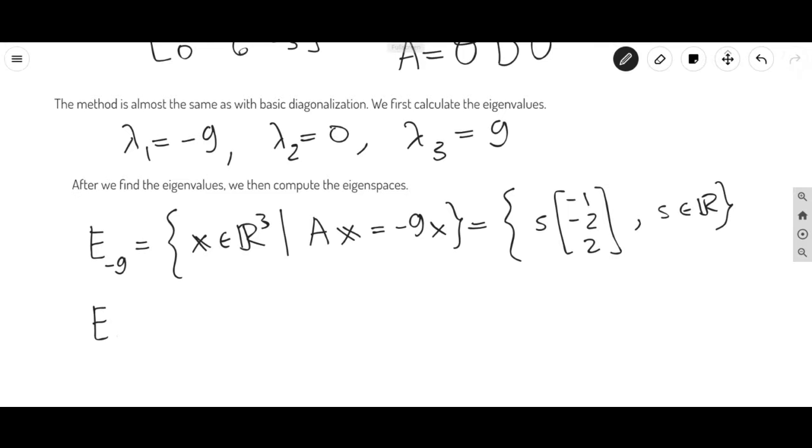And then you find the eigenspace for 0. If you work that one out, that would give you S times (2, 1, 2), where S is again any real number.